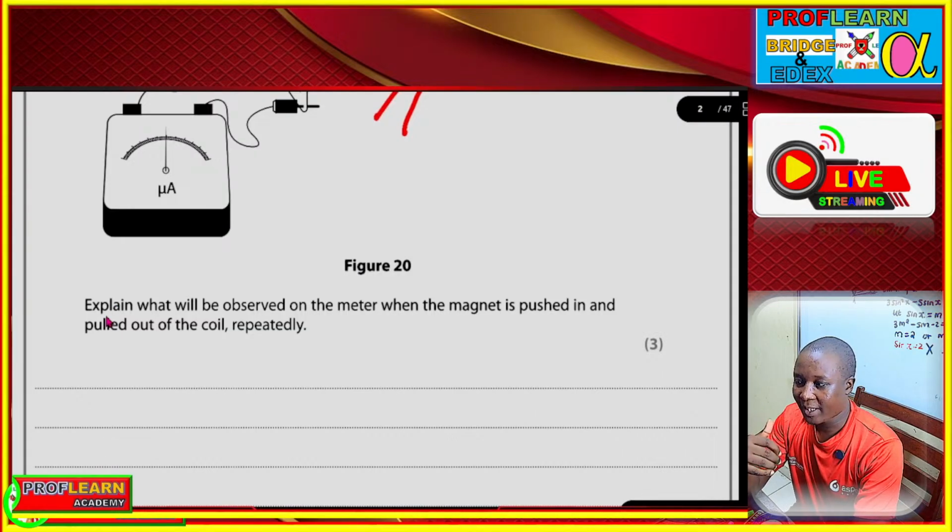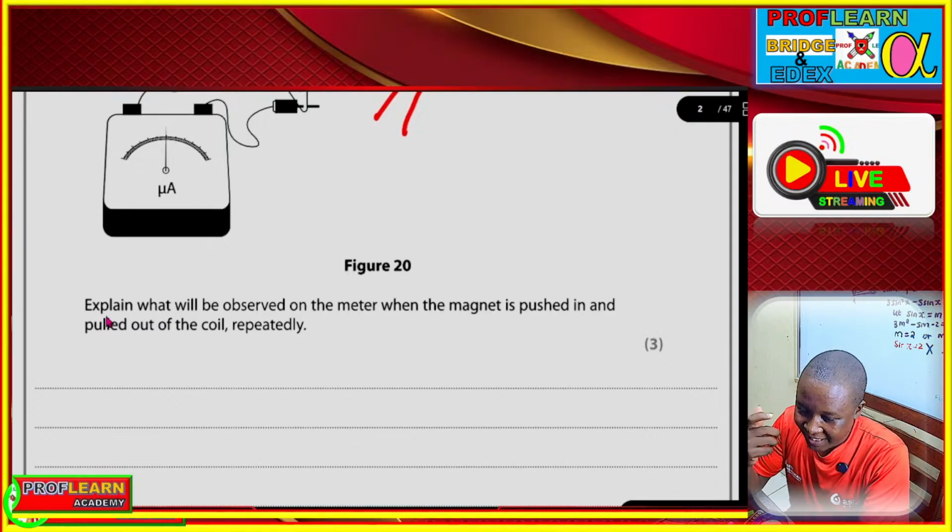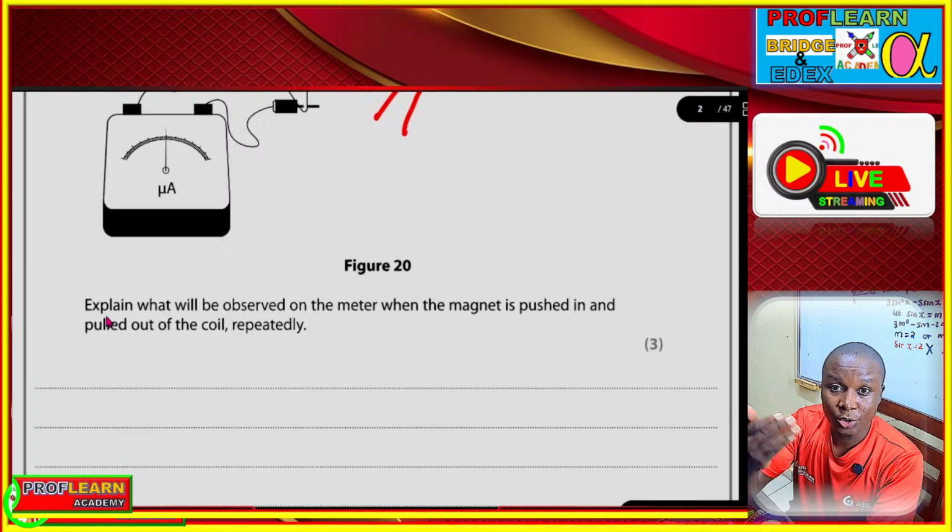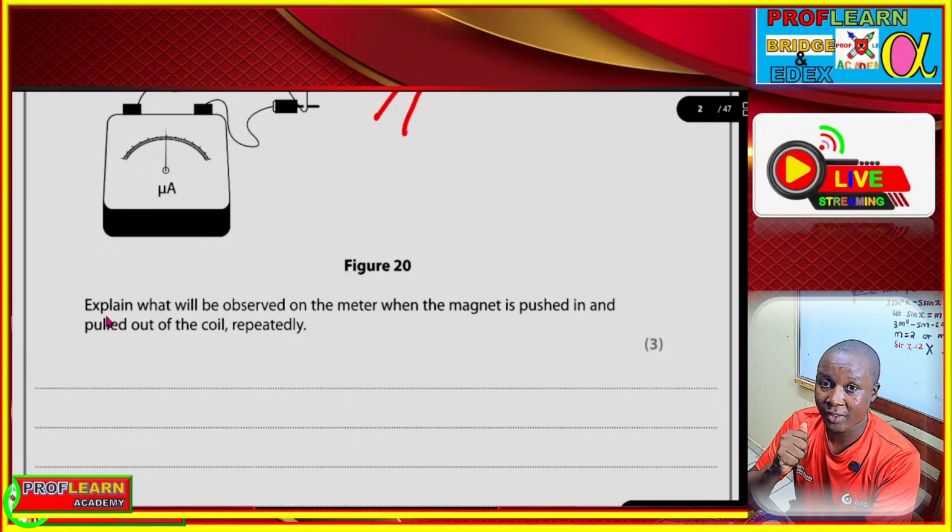And when magnetic fields cut through the coil, an EMF, or a potential difference, is induced in the coil through electromagnetic induction. So something that we really need to take from this live today is that whenever a magnetic field cuts through a conductor, an EMF is induced in that particular conductor where the magnetic field is cutting, right?